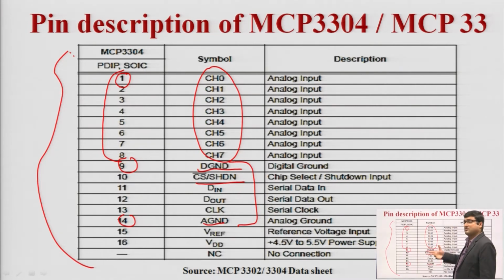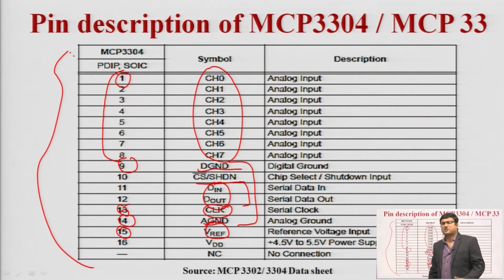Pins 11 and 12 are the serial input data and serial output data pins. The clock signal is at pin number 13, because to trigger this chip we need clock pulses. In pin number 15 we have the V reference voltage.